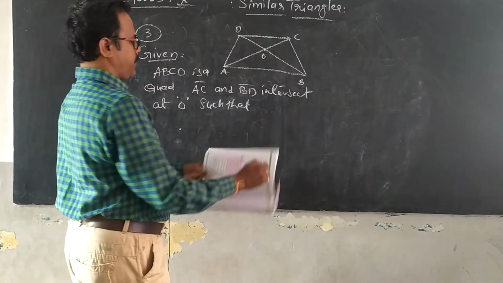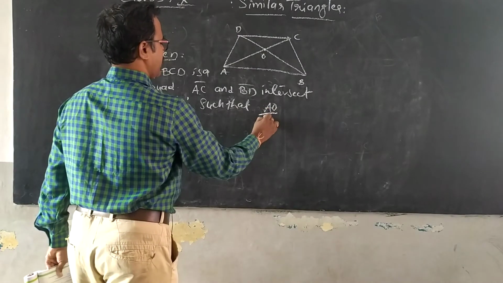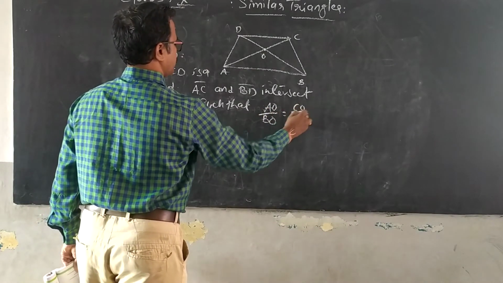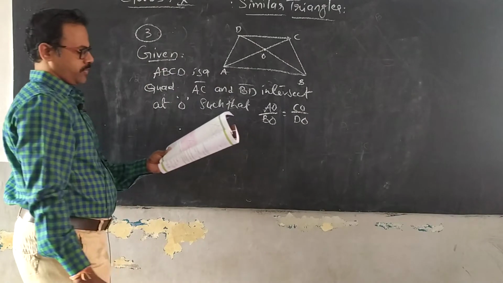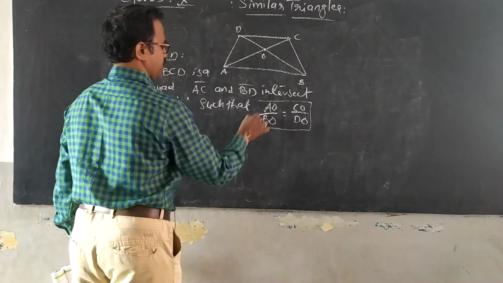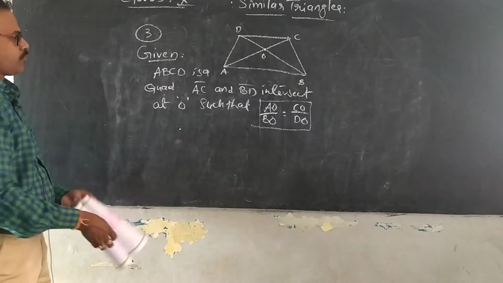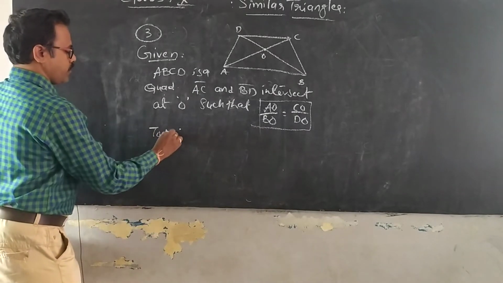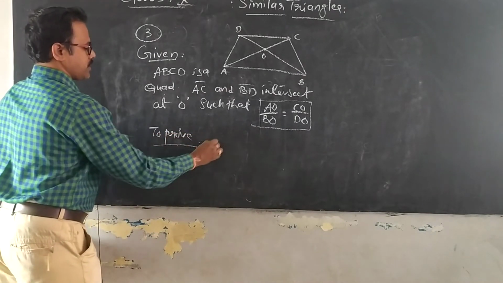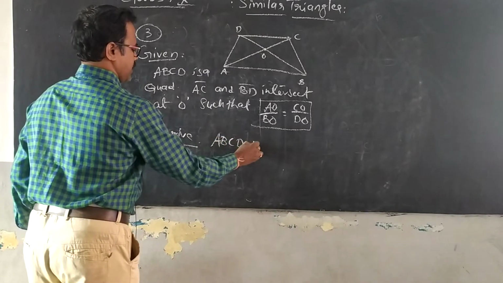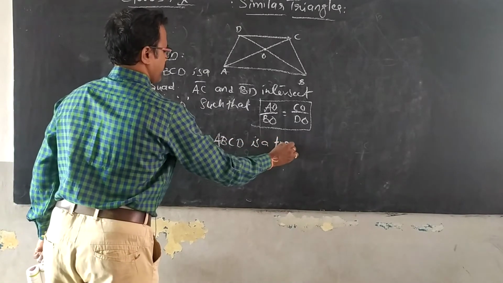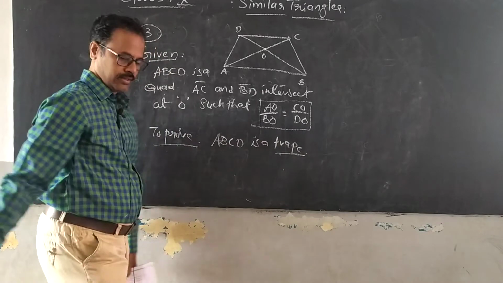AO by BO is equal to CO by DO. This is most important for you. Now after this condition, what is to prove? We need to prove that ABCD is a trapezium. Right.